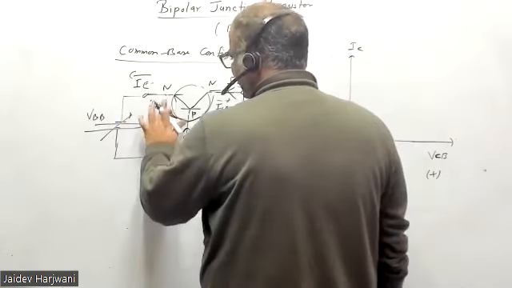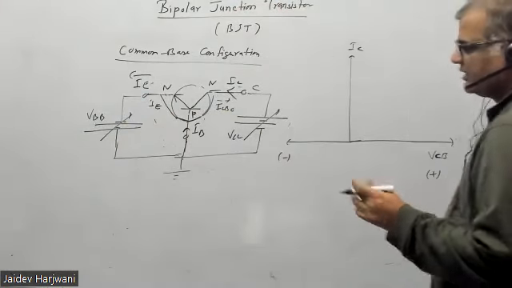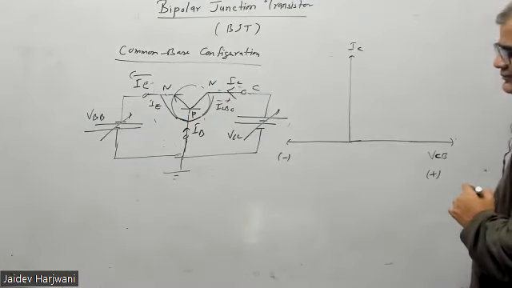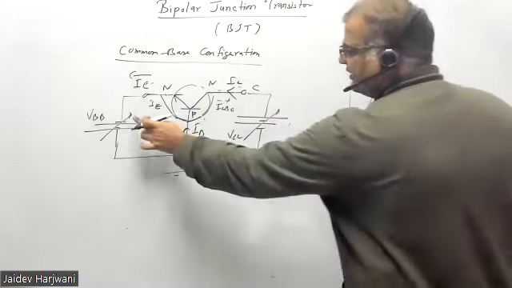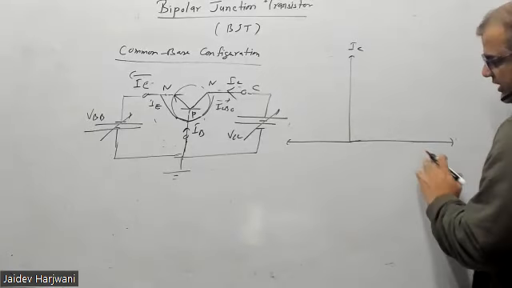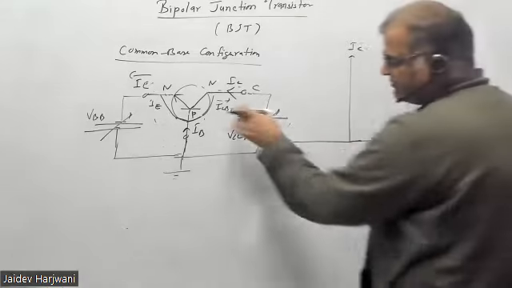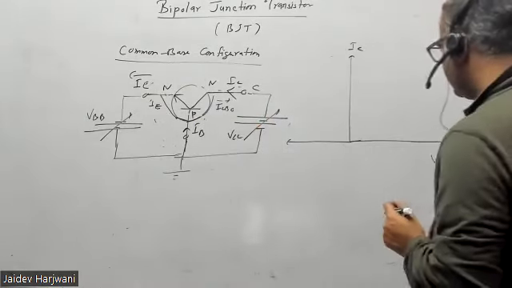Because I am plotting for NPN transistor, because the NPN transistor will be useful to us again and again, otherwise we would have to do it twice. So I want positive voltage here, negative voltage here, for forward bias and reverse bias. If I make this VCB also negative, then this will also become forward bias. That we don't want, okay.